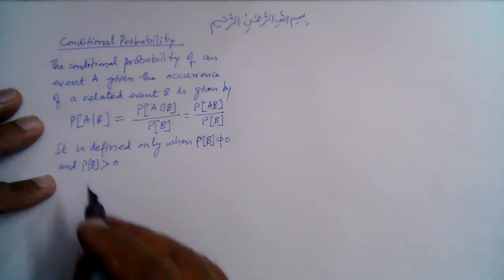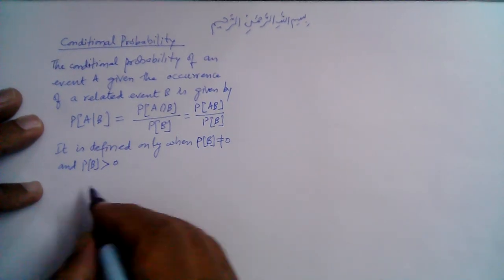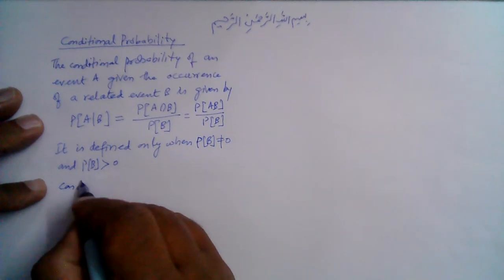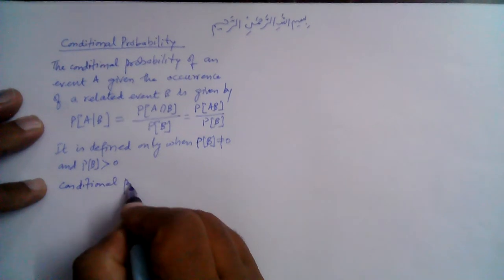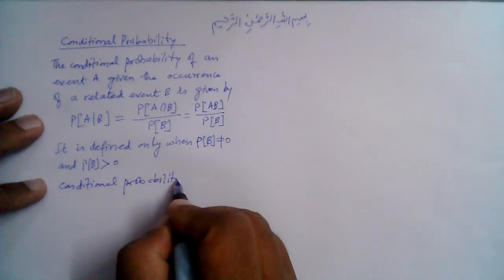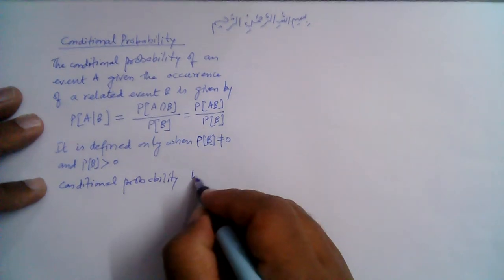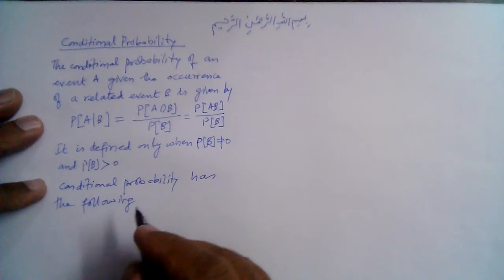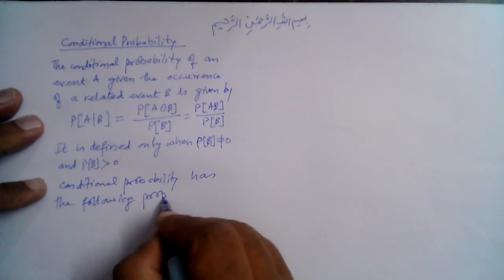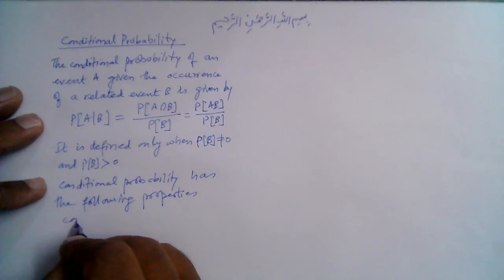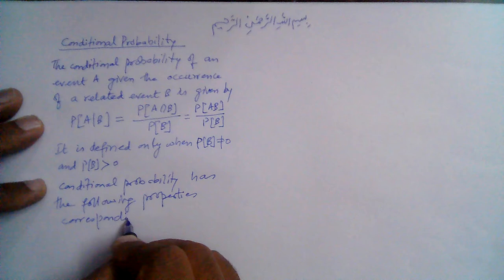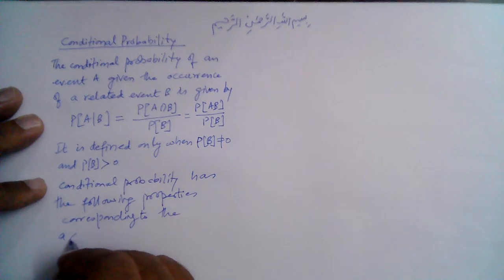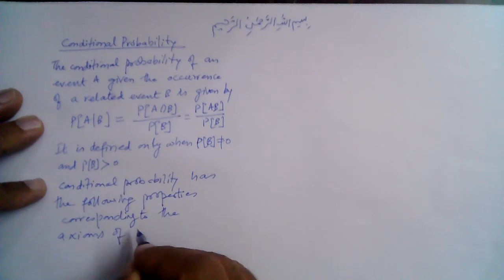So a conditional probability has some properties related to the axioms of probability. So the conditional probability has the following properties corresponding to the three axioms of probability.